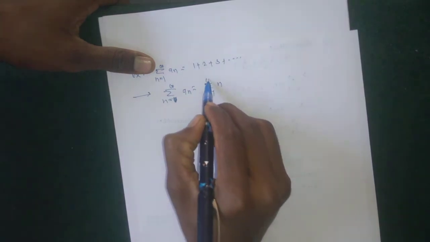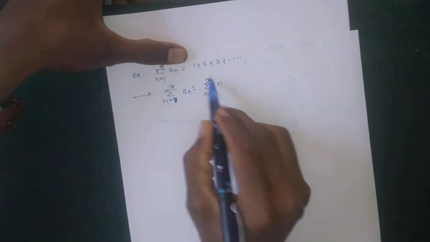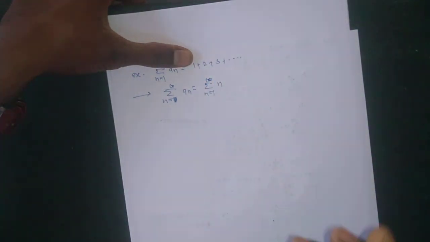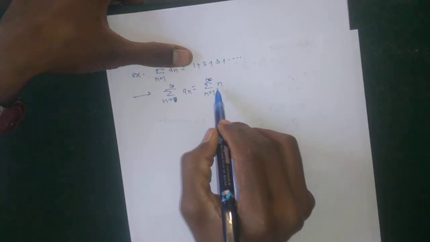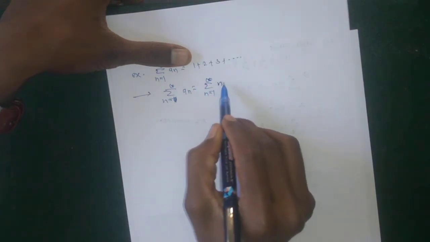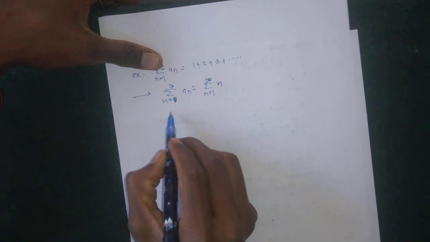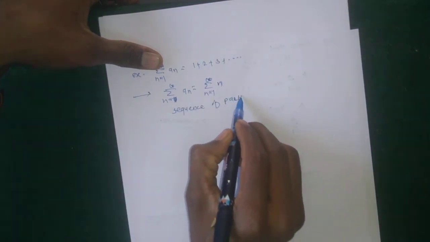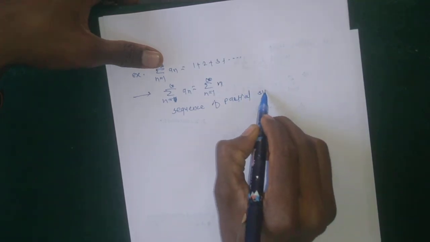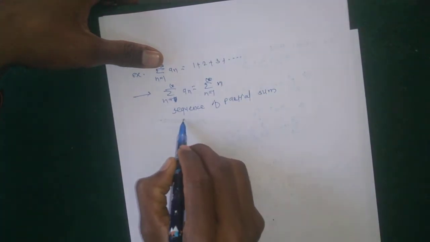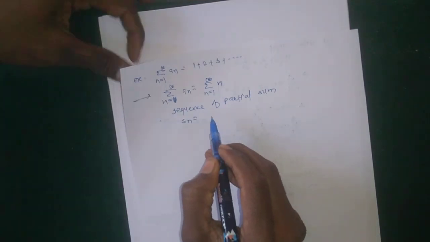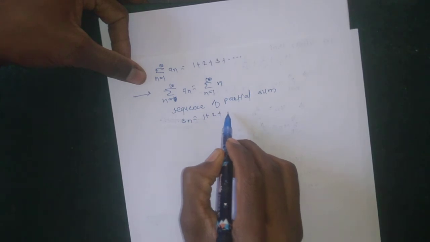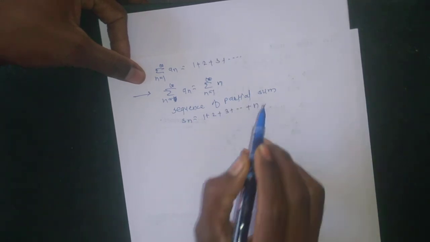Okay, if we take n equal to 1, then 1 plus 2 up to so on, in this way. That is the summation of n. Okay, so the sequence of partial sums: the partial sum Sn is the sum of the first n terms, 1 plus 2 plus 3 plus up to so on, the last term is n.